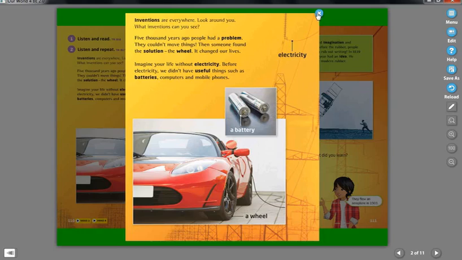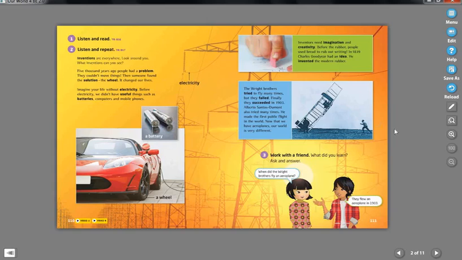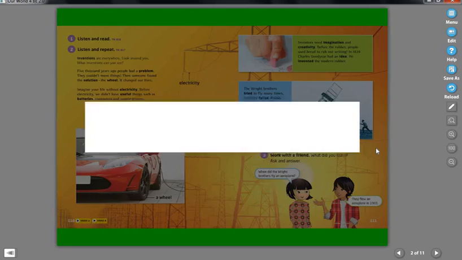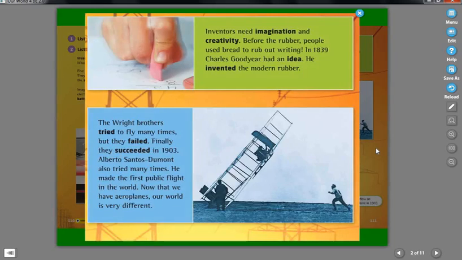Yes, okay, let's read the next part. And inventors. Inventors are the people who invent something new. And inventors are very creative and they have a good imagination. Okay. In 1839, what happened? Let's look at the green part. In 1839, what happened? Charles Goodyear had an idea, and what did he invent?